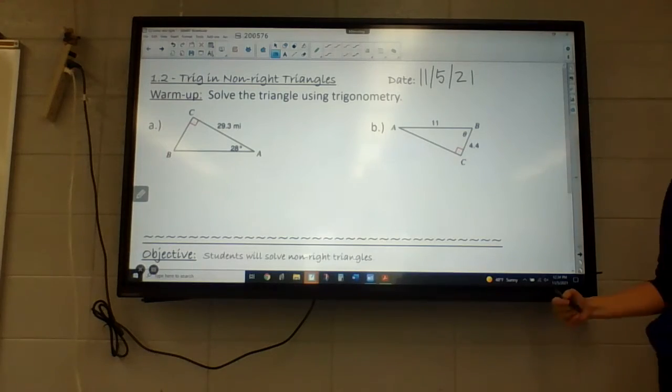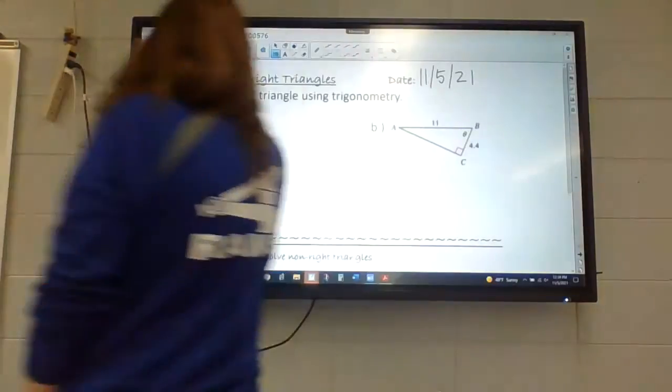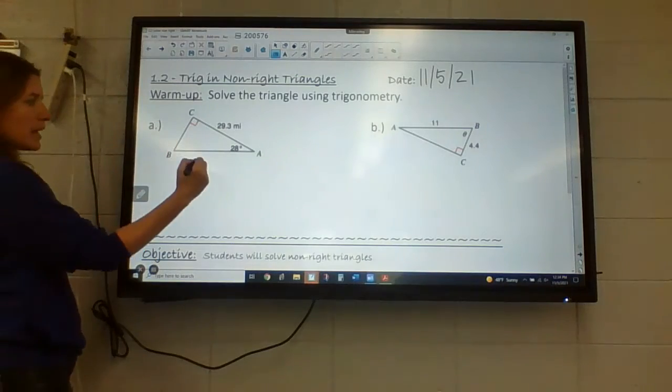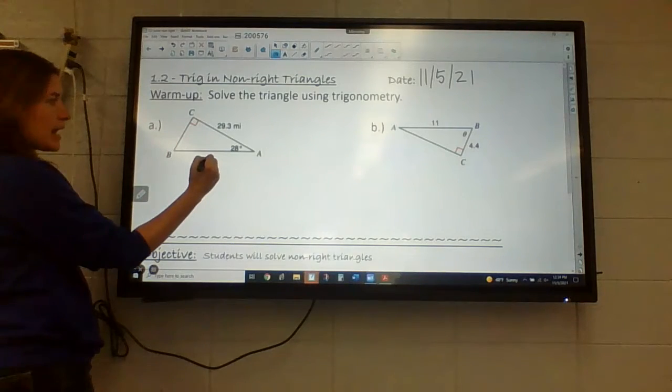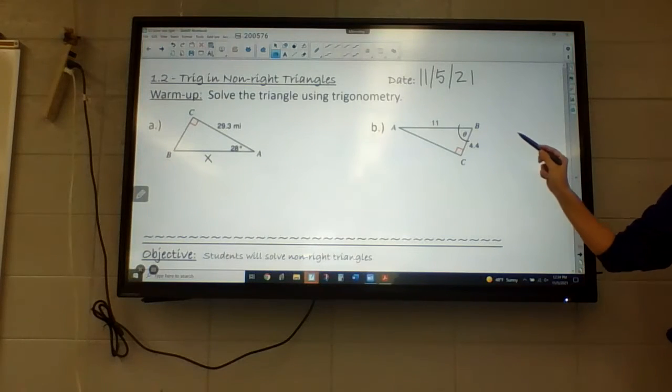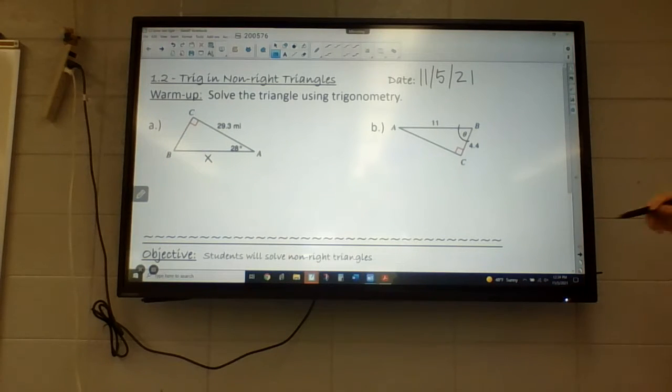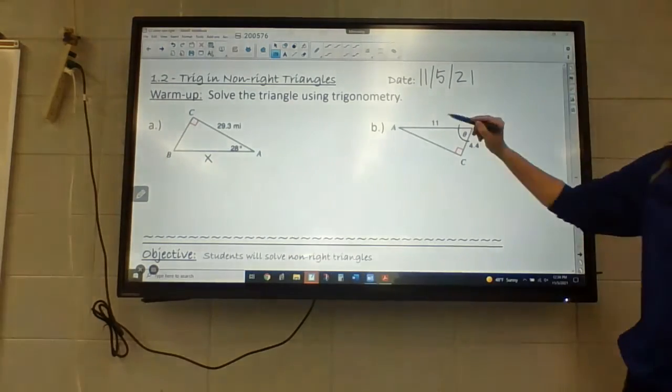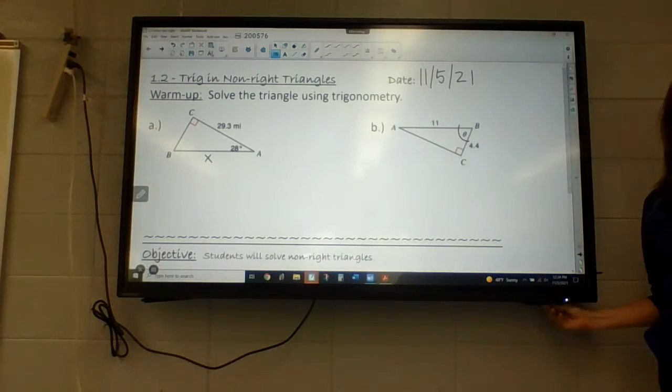Okay, guys, just to save a little bit of time, why don't we change this up a little bit? In letter A, let's find the value of x, and in this one, we're going to find the value of theta. That's just that angle, a fancy name for the angle. So find x there and find theta there.